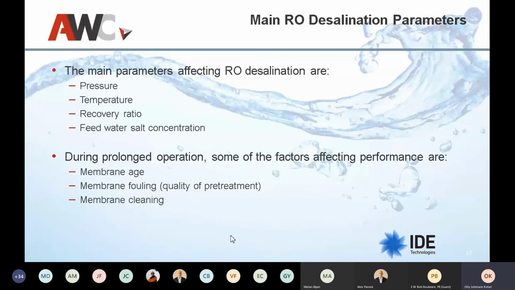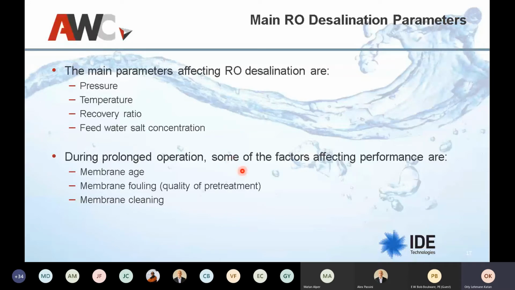So main parameters that I already said a few words about affect the design and the operation of the desalination plant. Some of them we control and some we just have to take into consideration: the feed pressure, temperature of the water, the recovery ratio in which we choose to operate, and the feed water concentration.